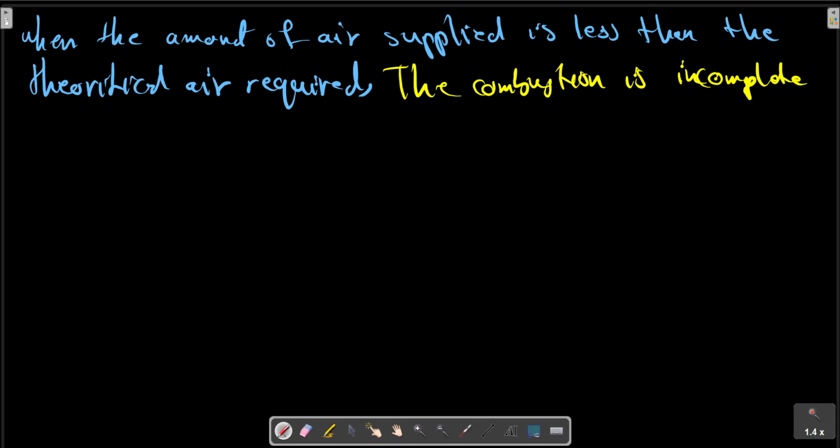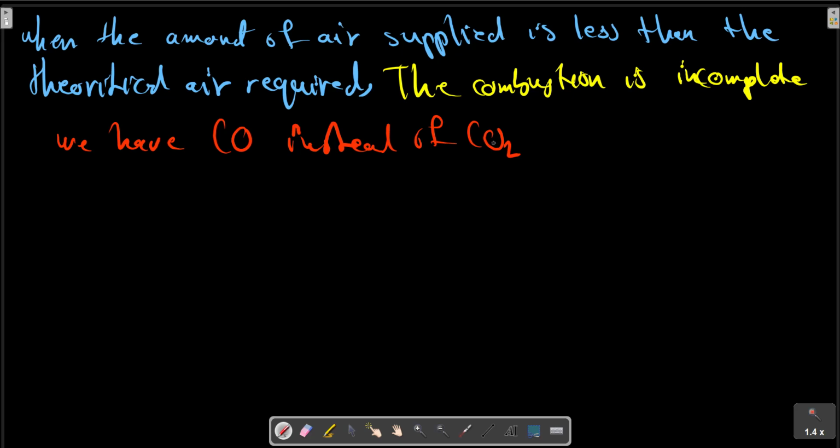If there is only a slight deficiency of air, the usual result is that some of the carbon unites with the oxygen to form carbon monoxide, CO, instead of CO2.